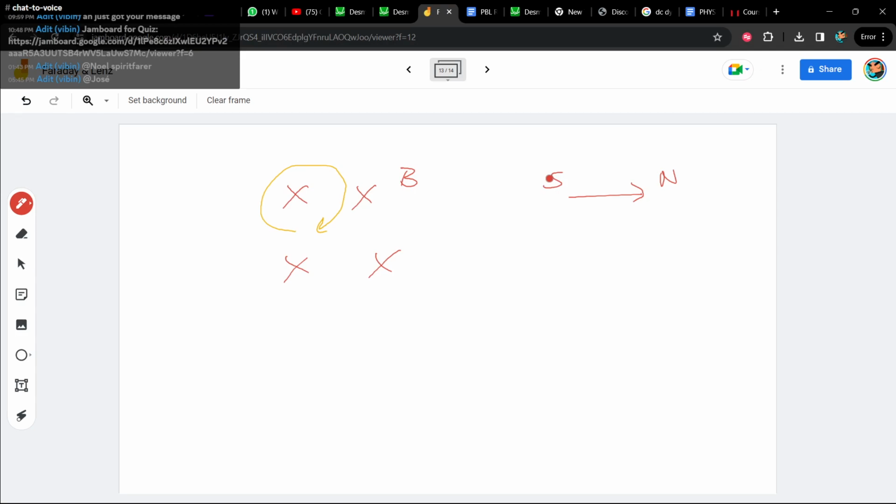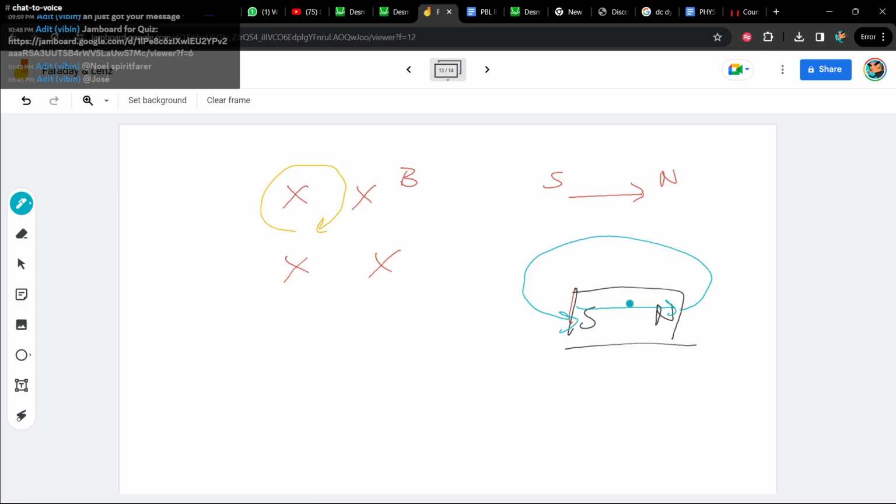But the magnetic field is south to north, right? Every time, or is that incorrect? The best way I can explain it is that if it's like this, that'll be south to north. But if it's a magnet, that's actually a very good question. It will be like this, and then it'll go out, and then it'll be like this.